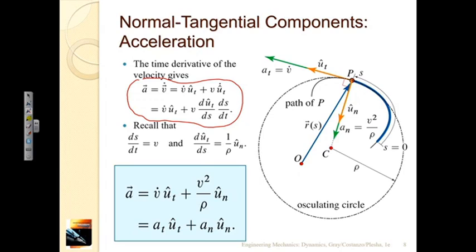Maybe it's 0. Maybe I'm driving at a constant 52 miles an hour. This normal direction, v squared over rho. So the acceleration we're feeling as we're barreling around that corner at 25 miles an hour, v squared over rho, whatever, 60 meters, or just mix up some funny units there, but some radius.